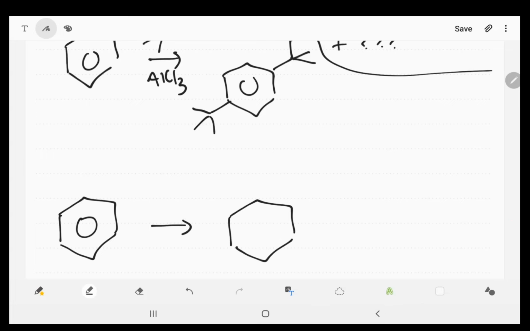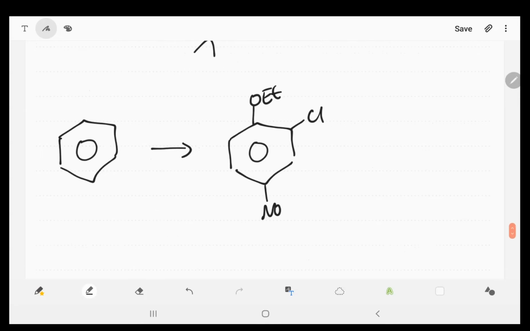Any questions, by the way, on the last one, or on the idea of the alkylation? Actually, let's make this an H2.